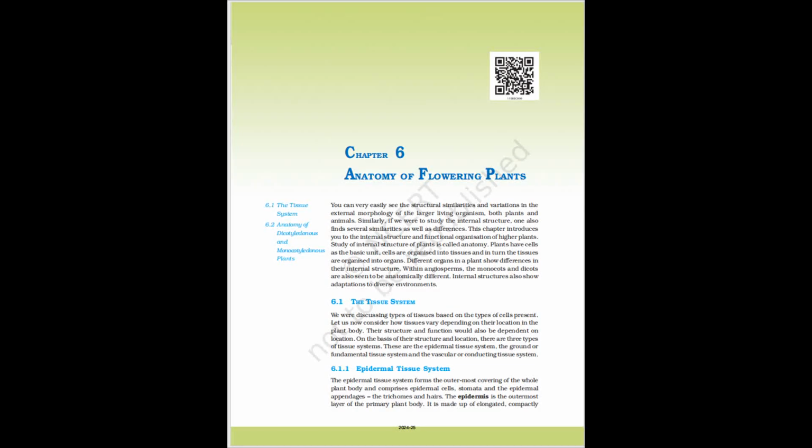Figure 6.5 TS of leaf, A, dicot, B, monocot. Bundle sheath. Xylem. Phloem. Adaxial epidermis. Palisade mesophyll. Air cavity. Spongy mesophyll. Substomatal cavity.